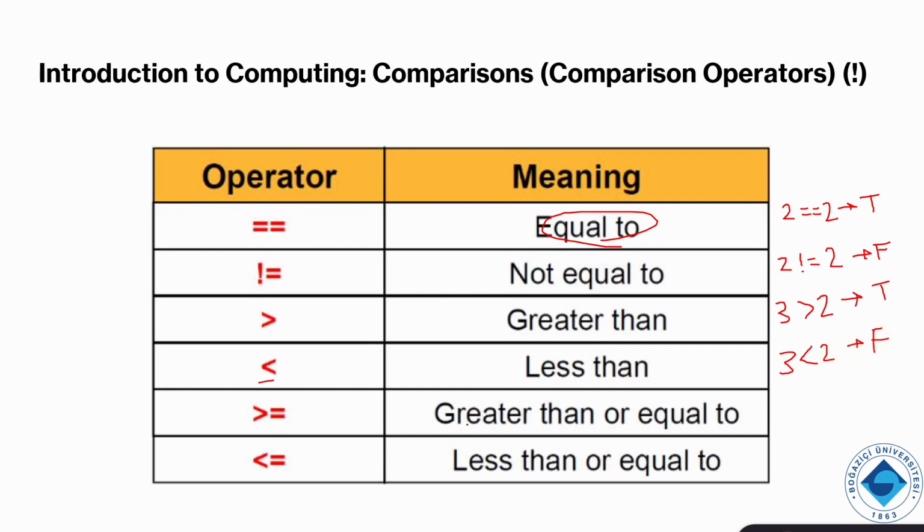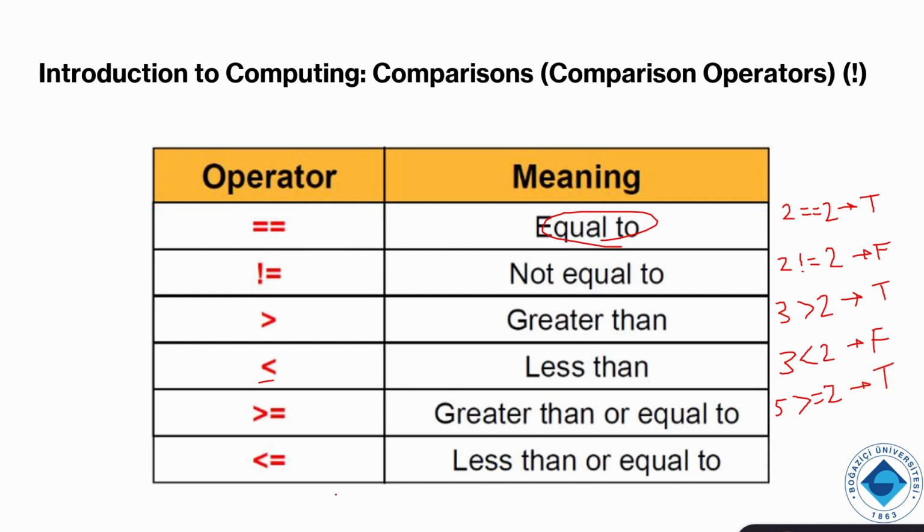And the fifth operator checks if the operands are greater than or equal to each other. Let's say 5 greater than or equal to 2. Is it correct or false? What do you think? As it is correct, it will return true.